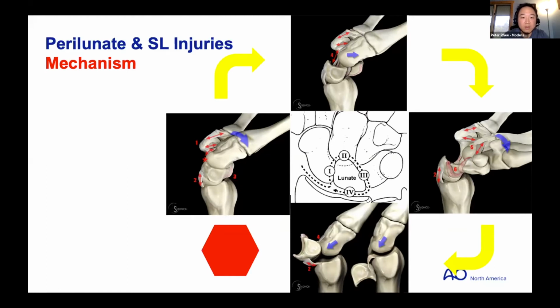And at some point, that short radiolunate tells the lunate, you just can't extend anymore. But the rest of the carpus says, we're going to go. And the rest of the ligaments will fail in this somewhat predictable pattern that wraps around the SL, dissociates the midcarpal joint, and then wraps to the LT, and then results in the final stage, which is the lunate dislocation.